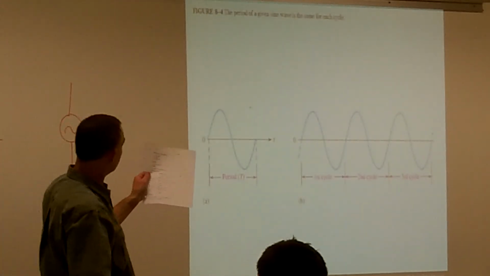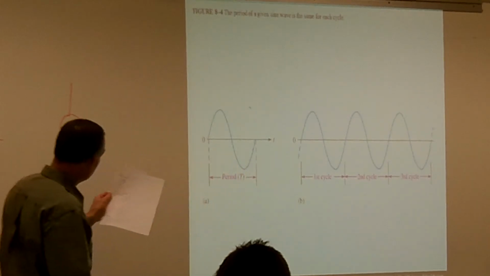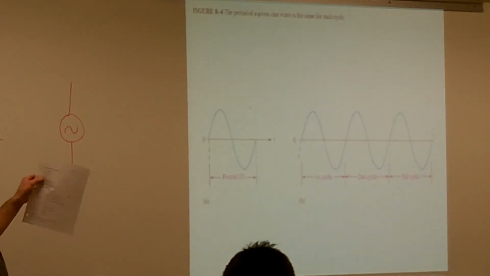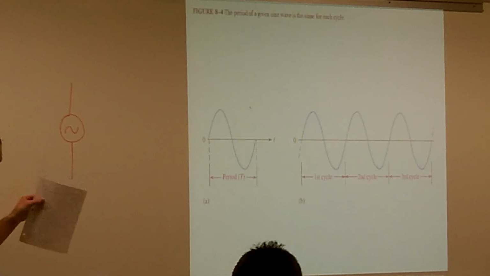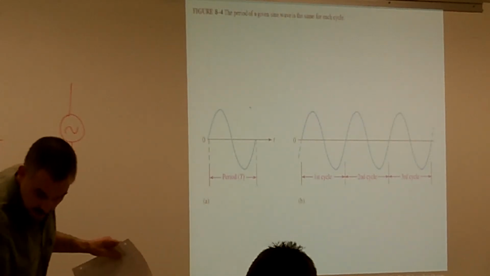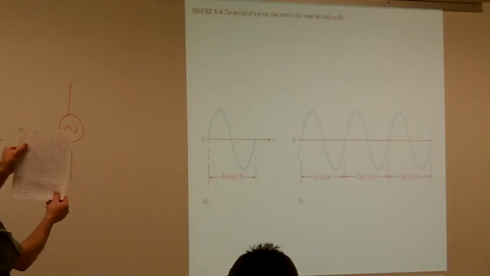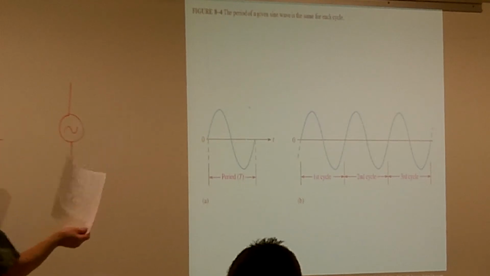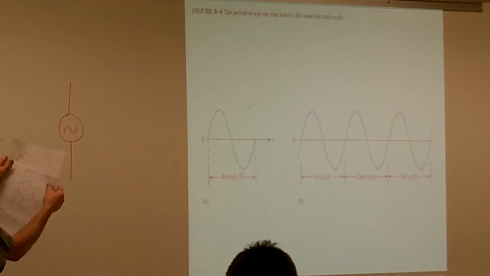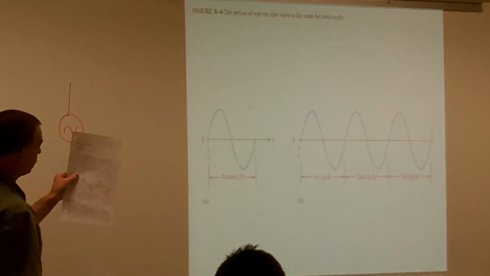On your AC notes, there are 5 things that we want to know about a waveform. Keep this sheet handy, because every time we graph out a signal, I want to know the 5 things about the waveform.